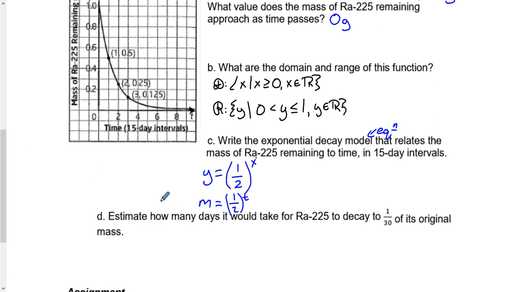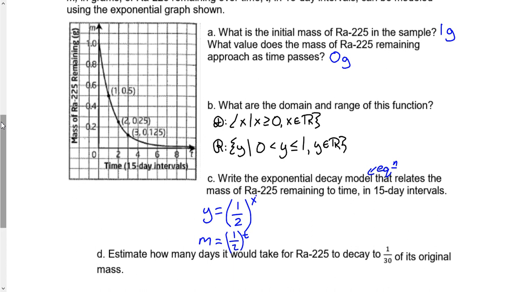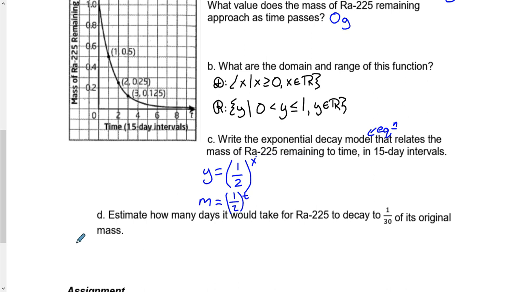Now the question: estimate how many days it would take for radium-225 to decay to 1/30th of its original mass. So we need to find out where does 1/30th happen. Now, there's two different ways we can deal with it. One way is basically finding out where does 1/30th appear on this graph.